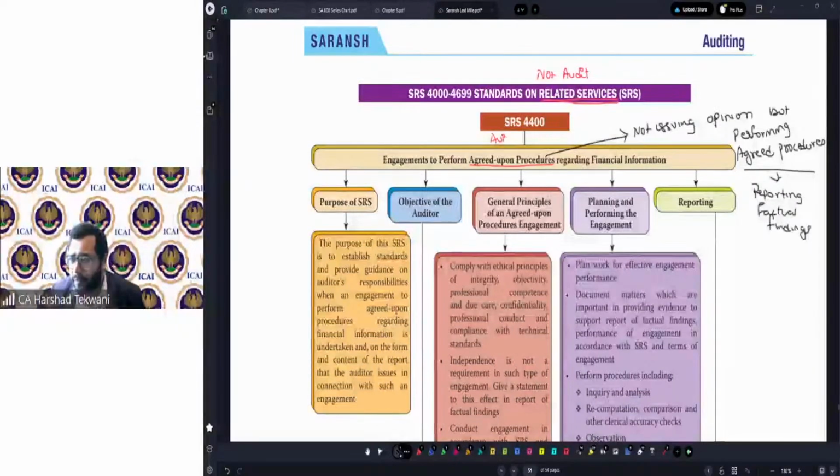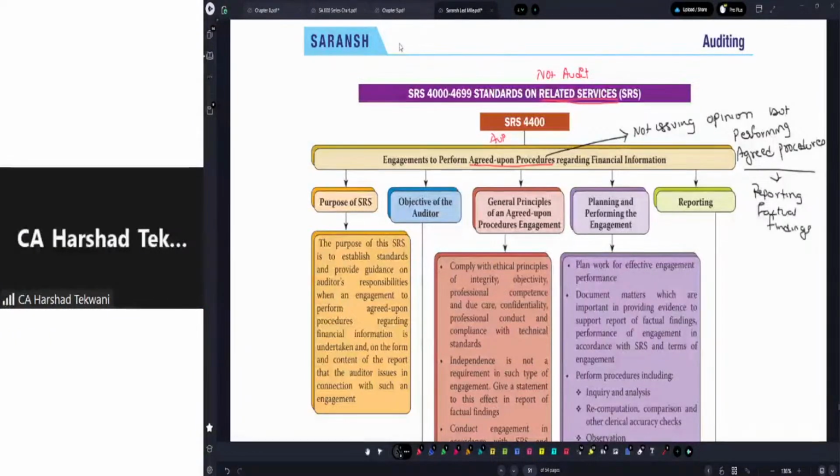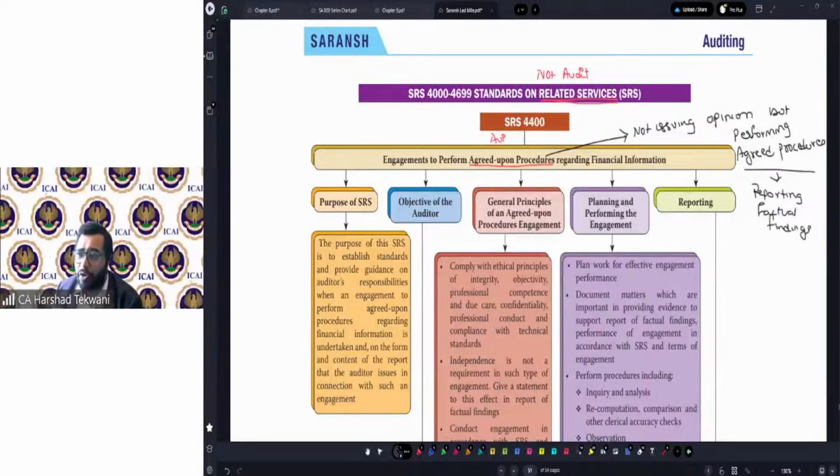Understand that thing. It's not my responsibility to validate or to do audit of that data. I have to rely upon the data which is provided by the management to me. Are you understanding that point? So it is not my responsibility to validate the data. It is the responsibility of the management to verify that data.